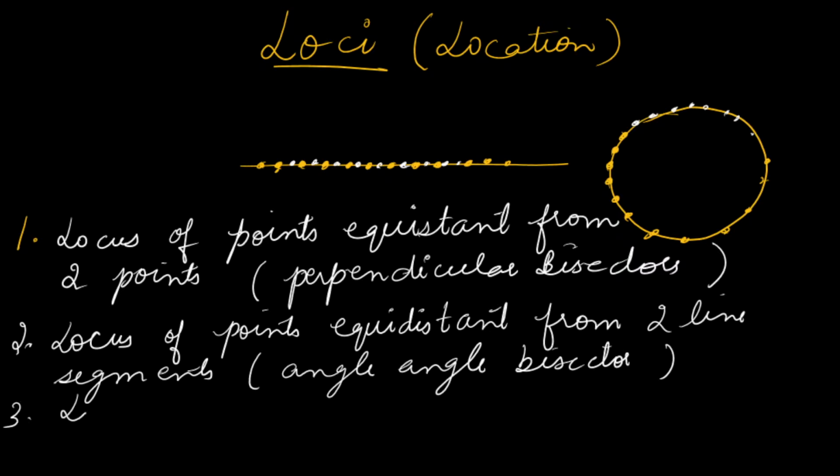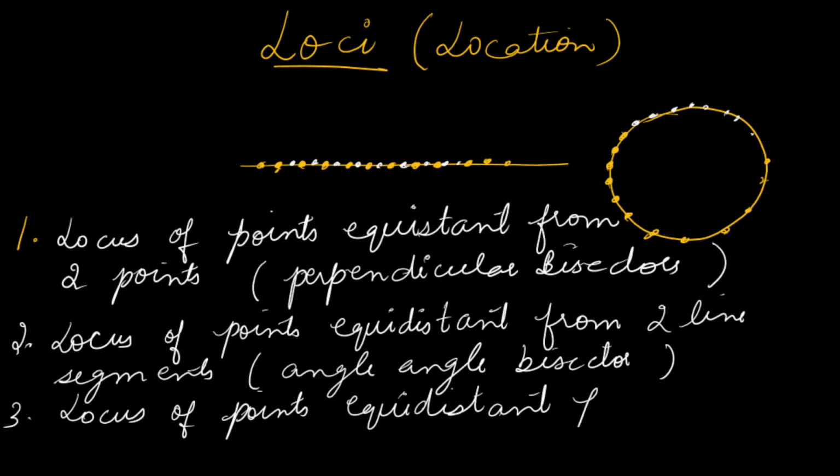If you have to draw the locus of a point equidistant from a fixed point, only one point, that time you have to draw a circle.